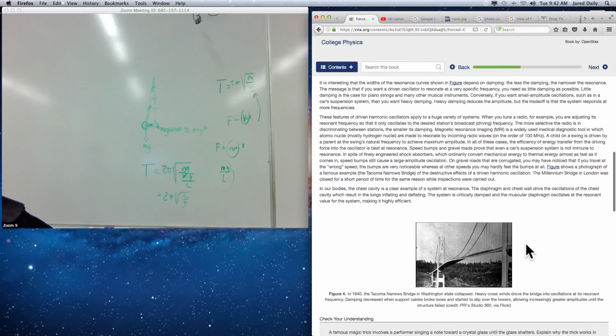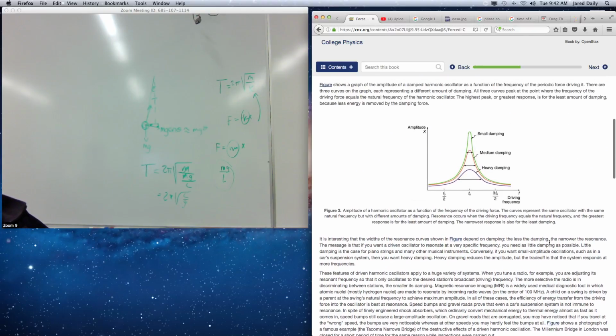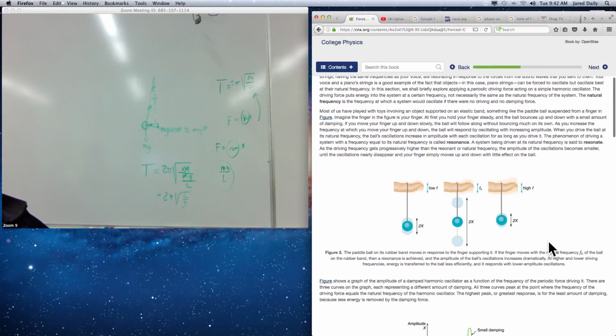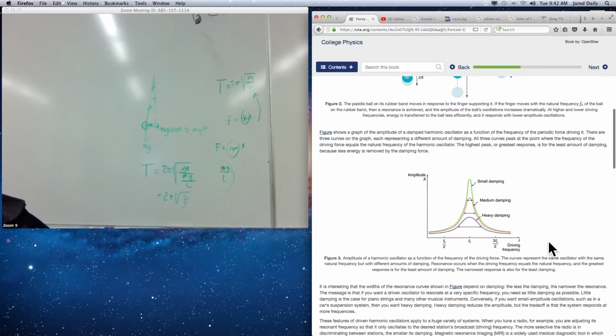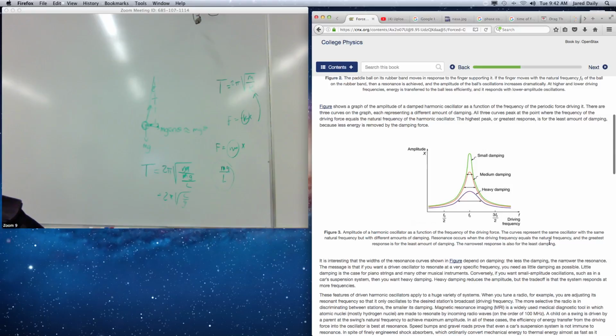Forced oscillations: when you apply a force that encourages the oscillation, and you do it at just the right time, you can get what is called a resonance. And the example I like to give is one that we're all used to, which is usually when you're playing some kind of game on the playground, like swinging on a swing, right?